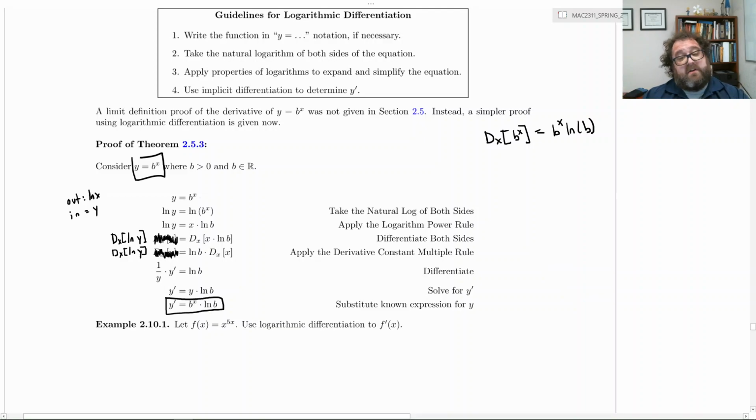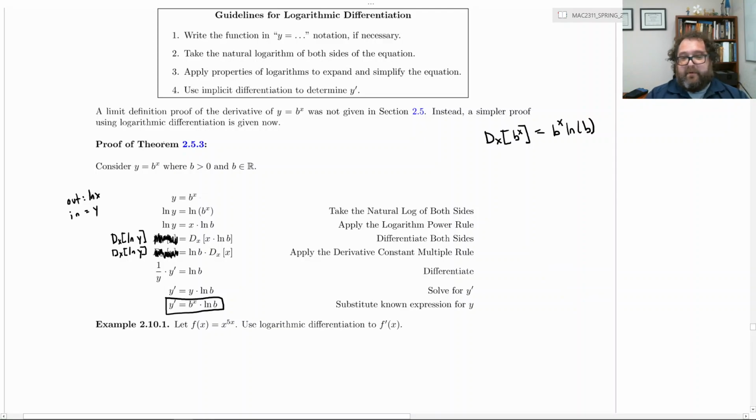Now, like in the previous videos with implicit differentiation, a lot of times that wasn't possible. But for logarithmic differentiation, that will indeed be possible. Why? Again, because we started with an explicit function. We know what y equals. y equals b to the x. And that kind of process will always take place.